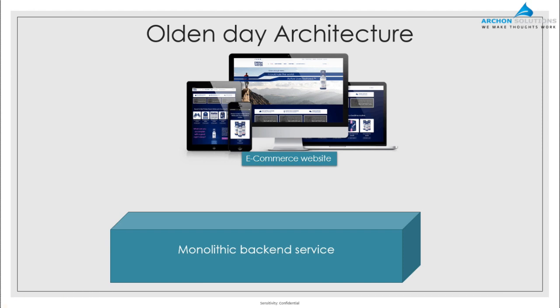He needs to understand all the features because it's written as one intertwined spaghetti code. The most scary part is that the whole backend service relies on one single chunky database where all the data related to inventory, payment, orders, invoices, everything is residing in one single database.